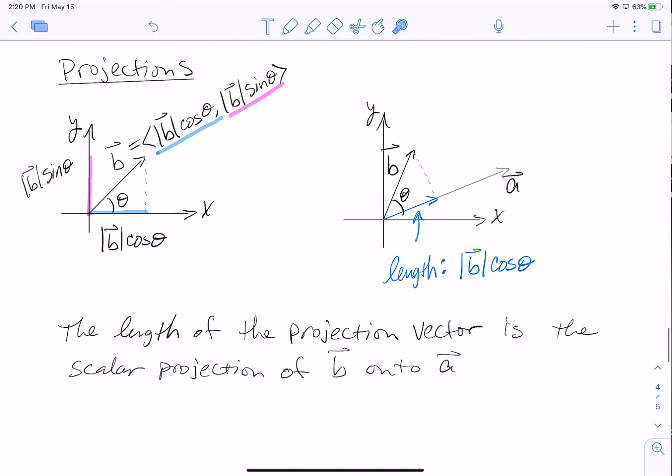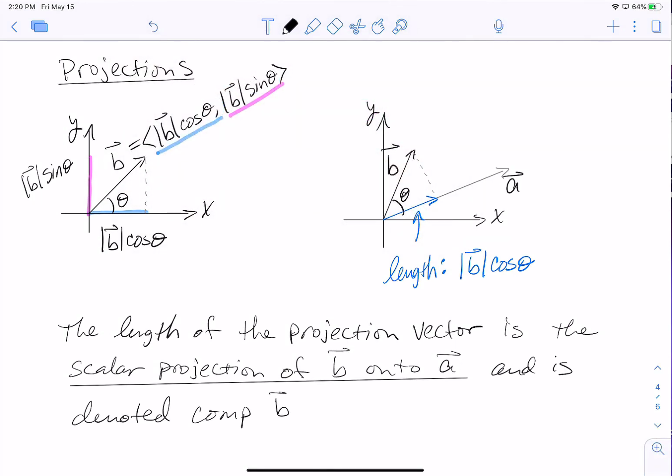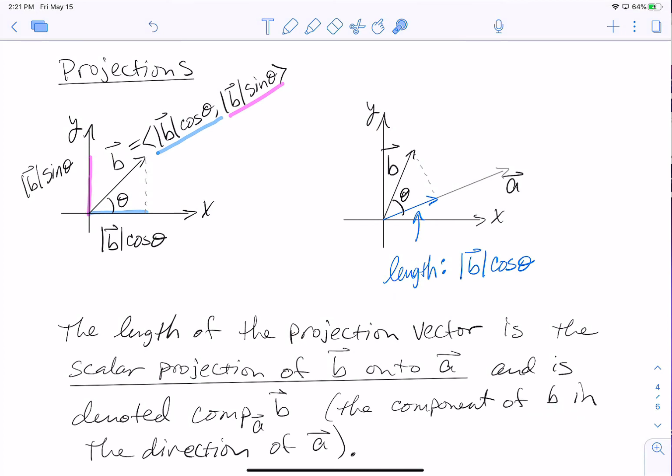Likewise, in the rotated picture, b projects onto A with the same length, magnitude of b times the cosine of theta, the angle between them. The length of the projection vector is the scalar projection of b onto A, and it's denoted comp b subscript A. That comp is the component of b in the direction of A.